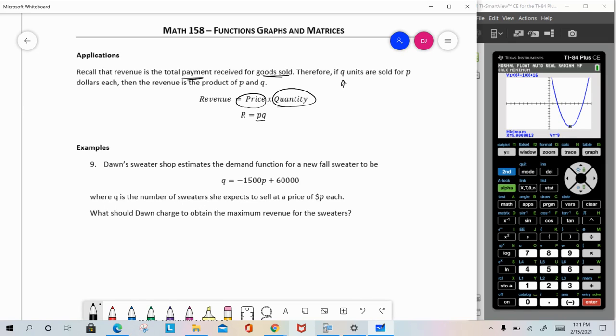So my revenue is equal to price times quantity. Again, if I were to sell 100 t-shirts, Q would be 100. And if I sell them for $12 each, my P would be 12. My revenue then would be $12 per t-shirt for each one of the 100 t-shirts, or $1,200.